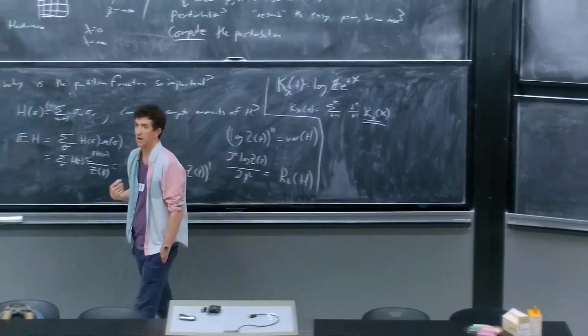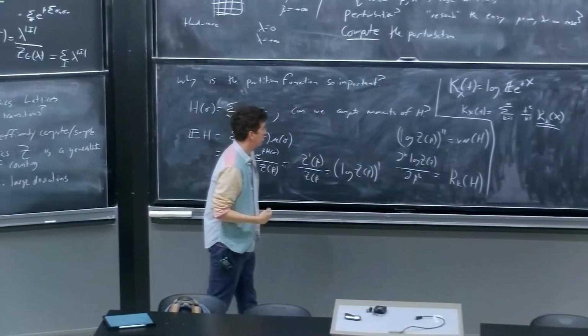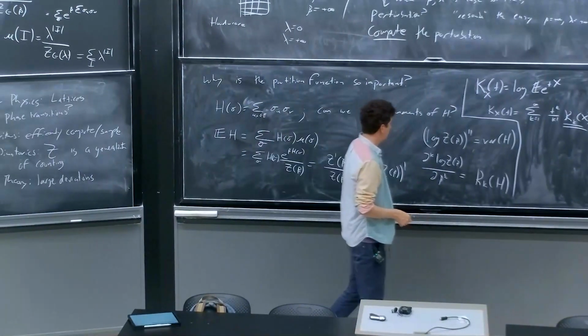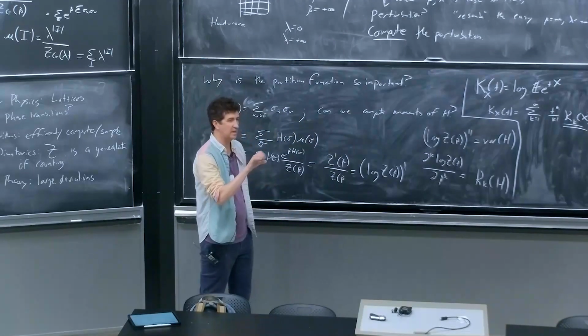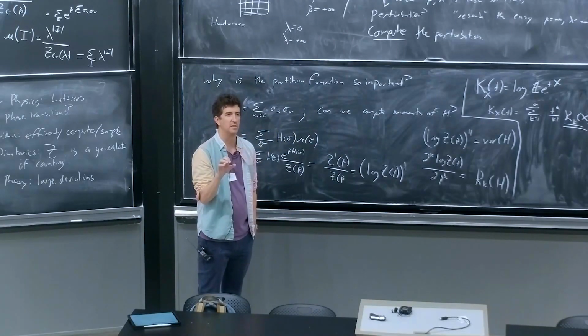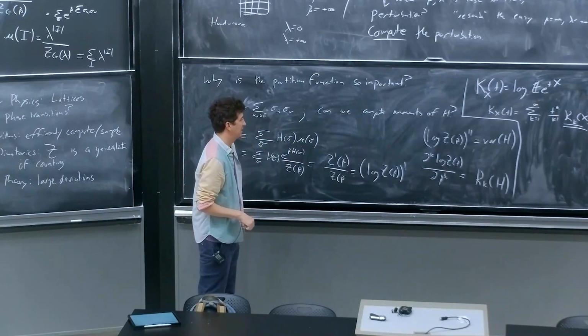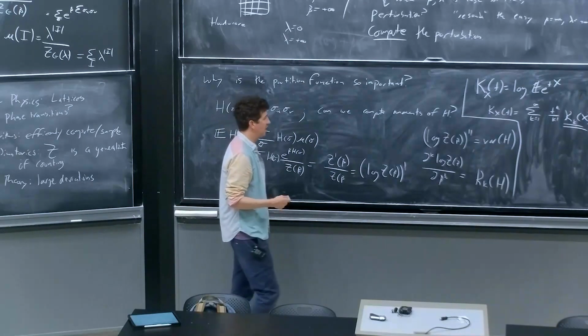So that's one way to define cumulants. What's nice about cumulants? They're just like a different basis of the moments. They're linear combinations of moments. They have some nice properties.